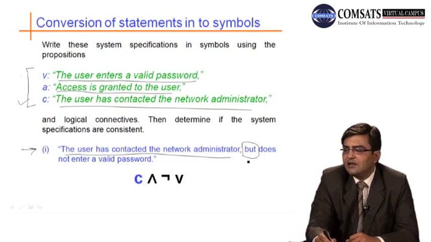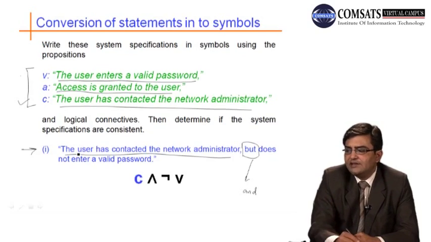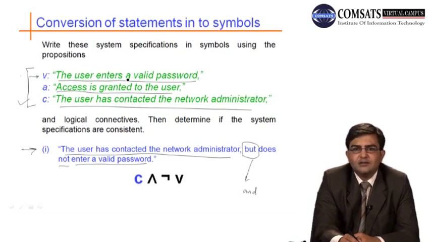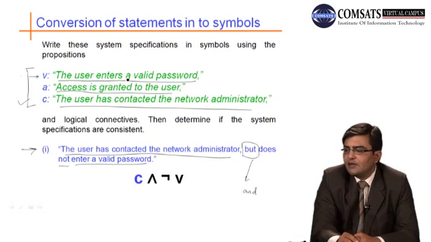I have told you that but is usually used as the AND operator. So, but does not enter a valid password. Does not, basically this is the negation of this statement V. If we have V, the user enters a valid password, what is the negation? The user doesn't enter a valid password.